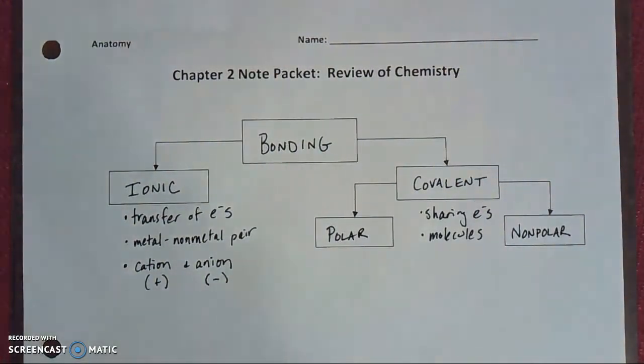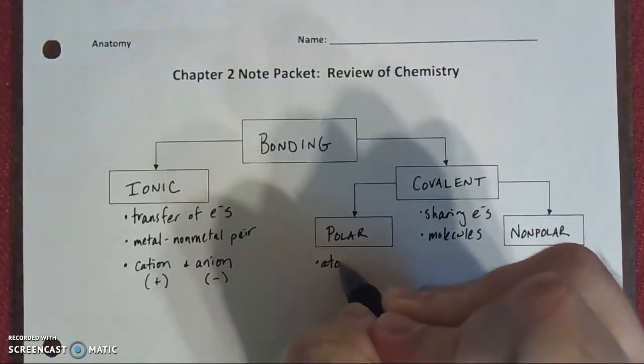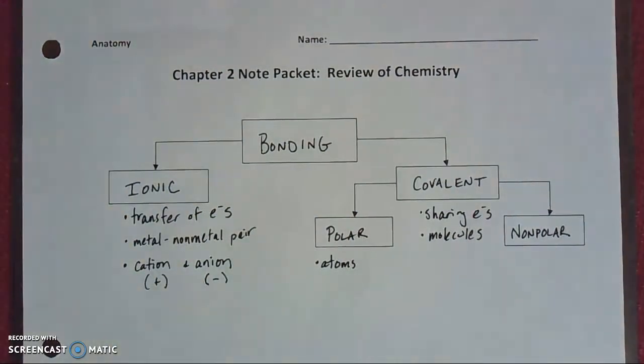And when we share atoms in a covalent compound, sometimes one atom pulls the electrons that are shared a little bit more than the other atom. And we end up with a very slight difference in charge on one side of the molecule from another. So in polar, we end up with two poles, one positive, one slightly negative.